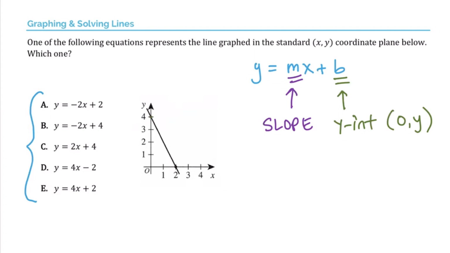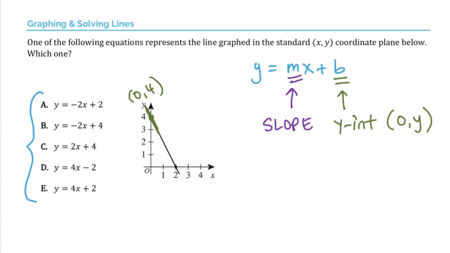So when x is 0, where are we? It's basically the point where we intercept the y-axis. What we notice here is that the y-intercept is 4, because when x equals 0, y equals 4. It's the place where the line crosses the y-axis.